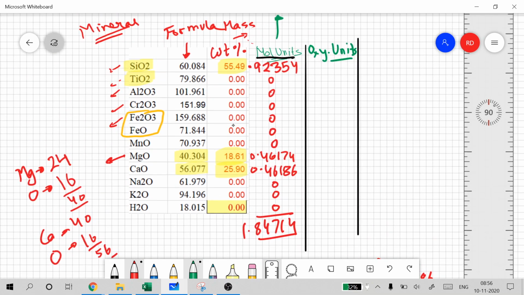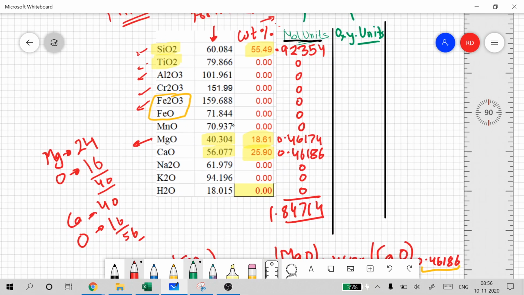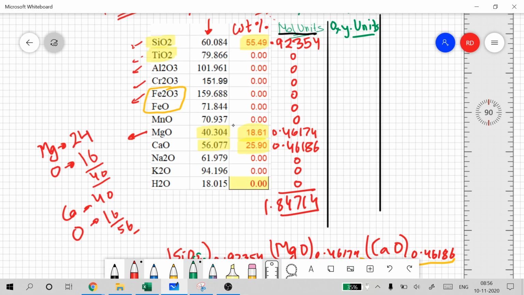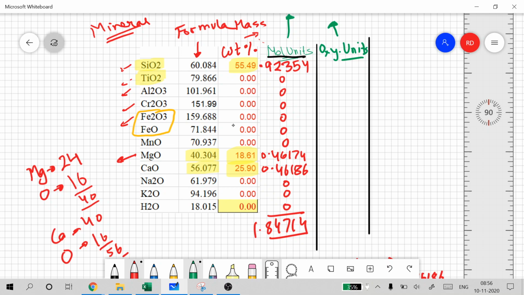Okay, so oxygen units will be given by the number of oxygens, not O2, just number of oxygens, into mole units. Okay, so what should be the answer in the first case? You can do these calculations here also, or you can complete the table. What will be the value for oxygen units?